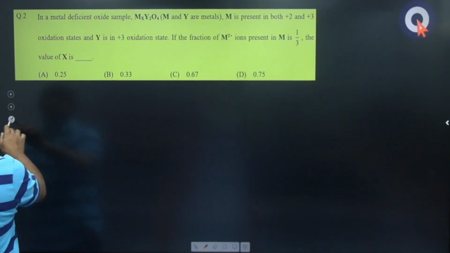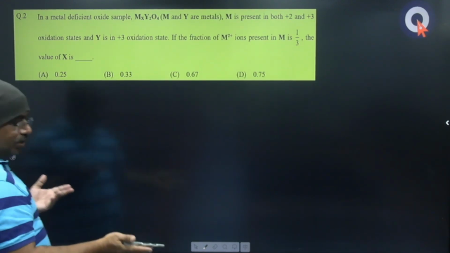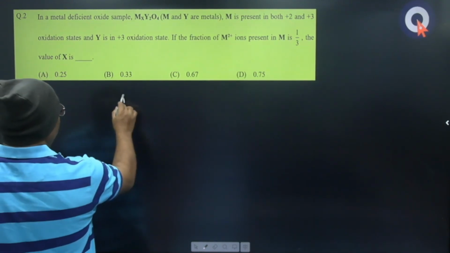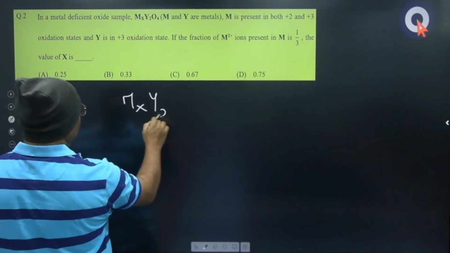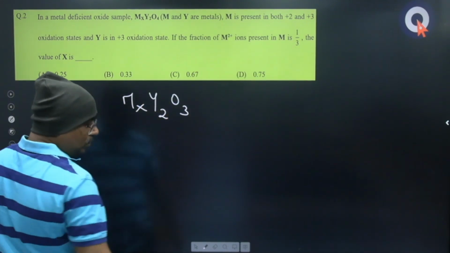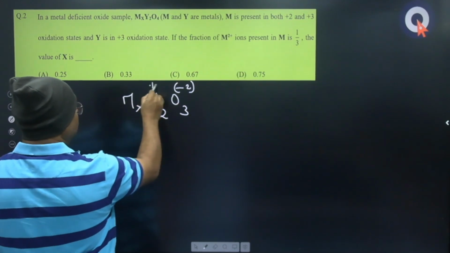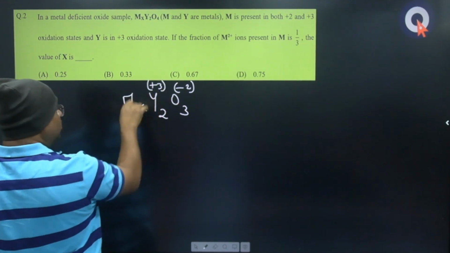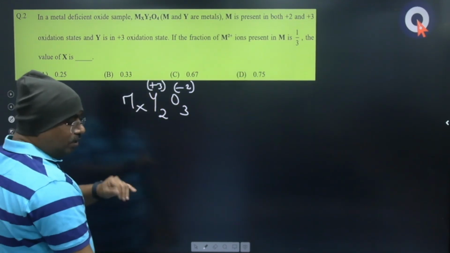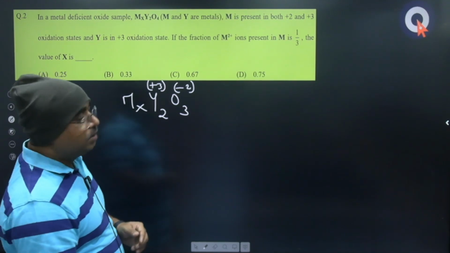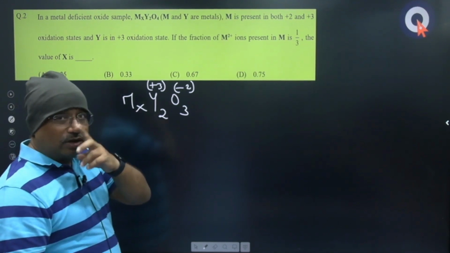This is again based on oxidation state. Oxygen is minus 2 oxidation state. It may have plus 2 and plus 3, so we say it is a non-stoichiometric type oxide.